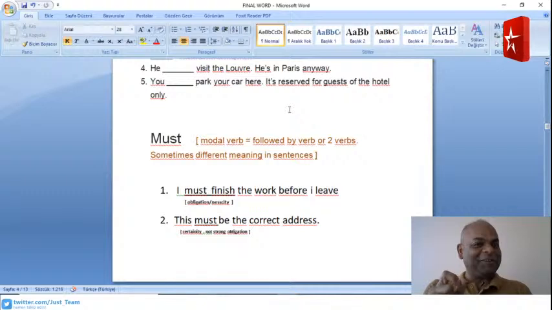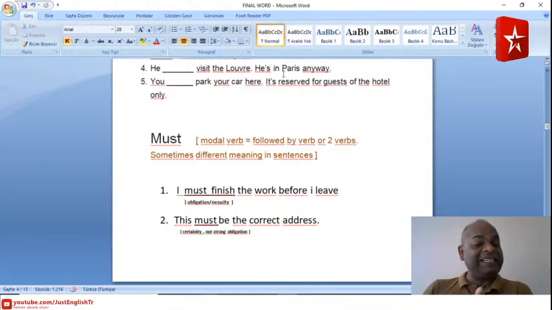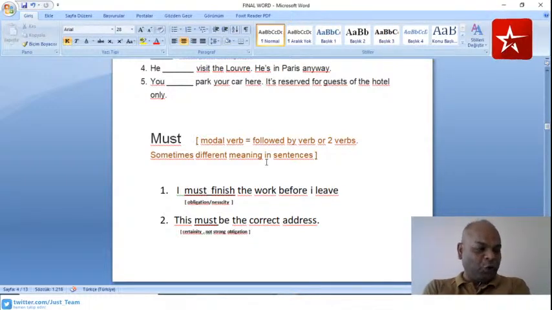So the answer is he may visit. Remember, may is used for possibility, and the second part of the sentence says he's in Paris anyway. So it means what? The person is in Paris and there is a possibility he might go. So it means what? He may visit the Louvre. Now that's your answer.